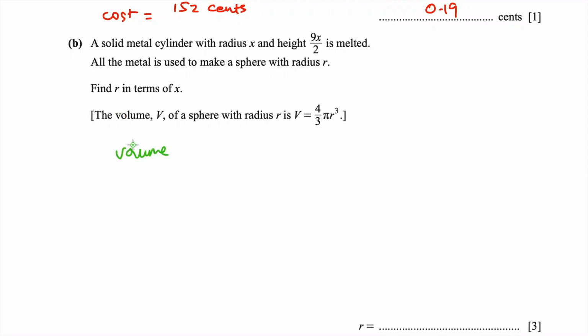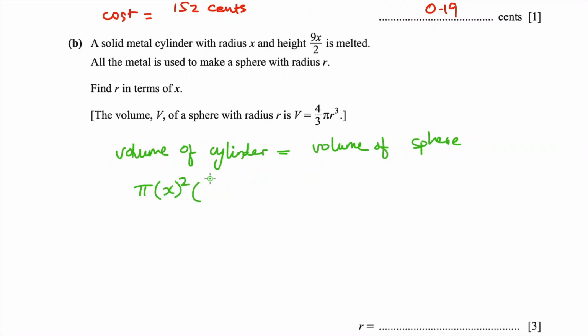So the volume of the cylinder will be equal to the volume of the sphere, and the volume of the cylinder is pi r square h, so pi x square into h, which is 9x by 2, is equal to 4 by 3 pi r cube. And so from here, find r in terms of x.